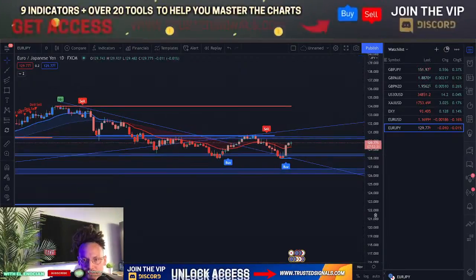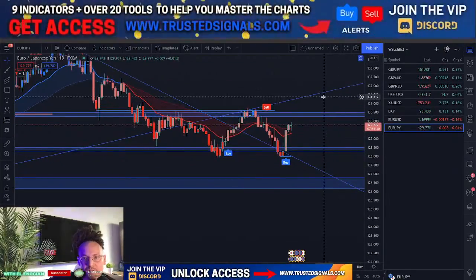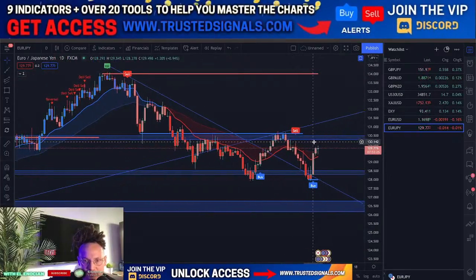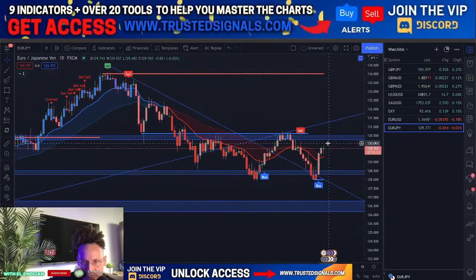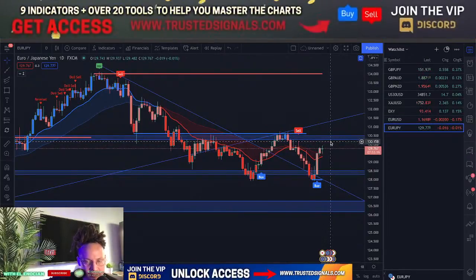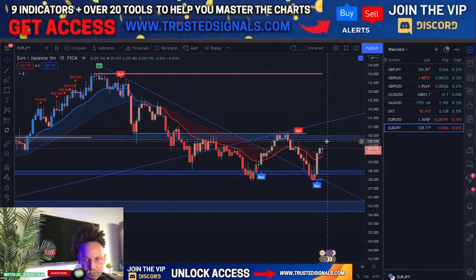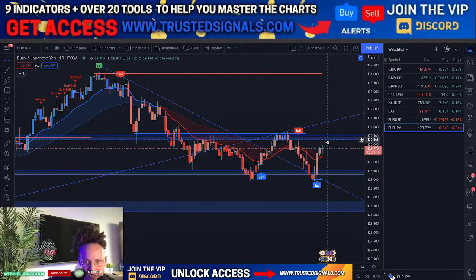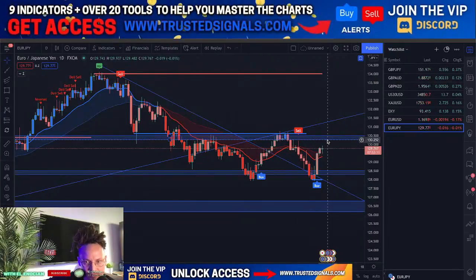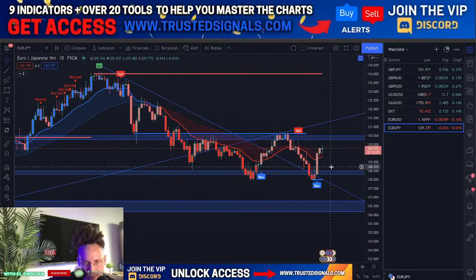All right. So with UJ, I want to see how price reacts on this key level. Once you see price hitting and reacting at this level, it could do one of two things. We could see a constant rejection of price at this level, leading to a possible sell.